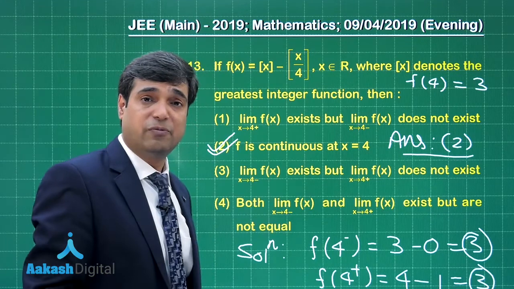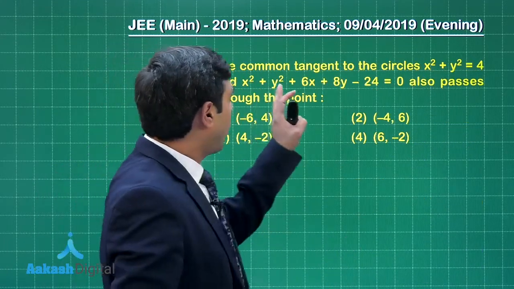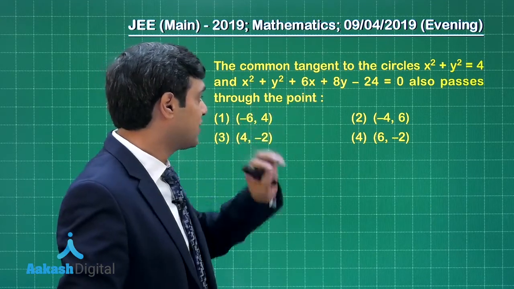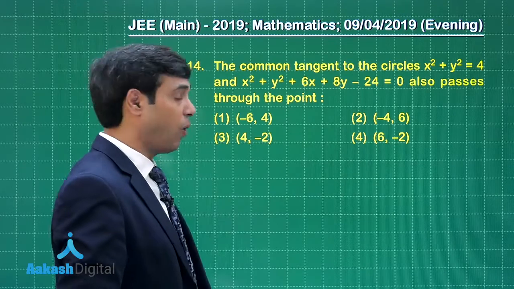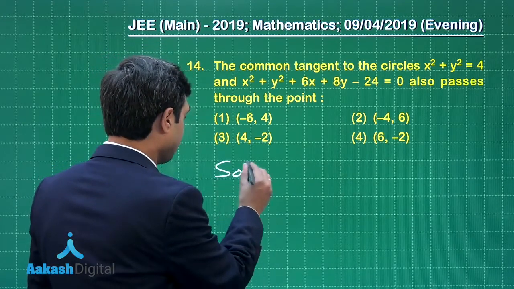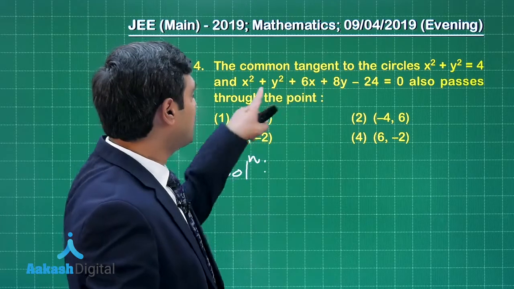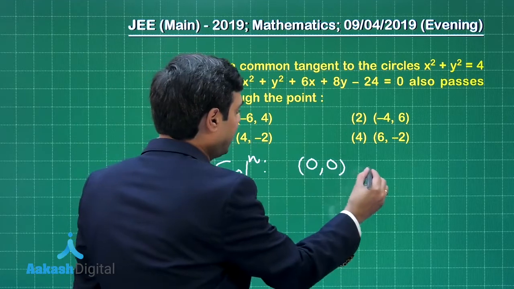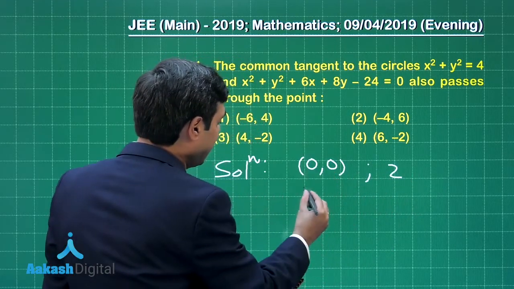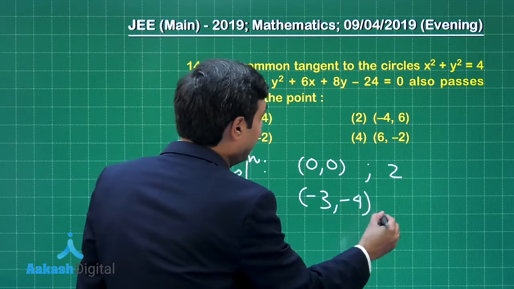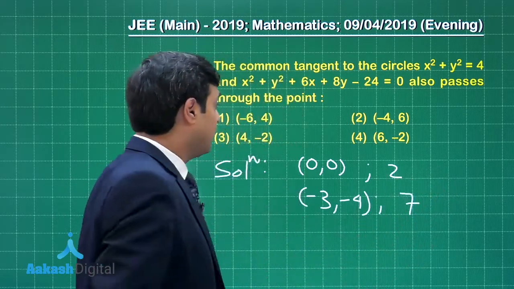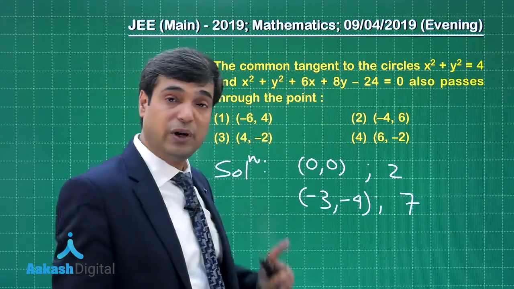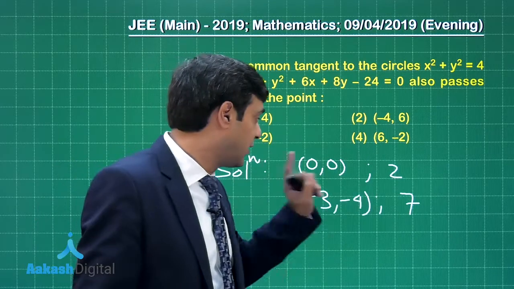Let's move on to question number 14. The common tangent to the circles x square plus y square equals 4 and one more circle given also passes through the point. Let's check this one. If you look at these two circles, you can clearly see the center of the first circle was (0, 0) and the radius was 2. For the second it is (-3, -4) and the radius is 7. You can see it is 3 square, that is 9 plus 16 plus 24, giving you root 49, so the radius is 7.